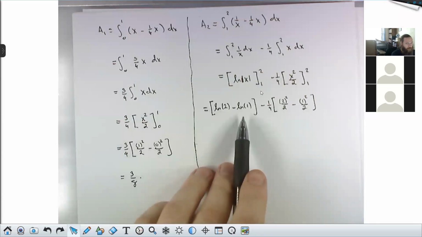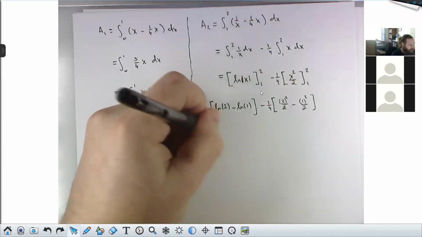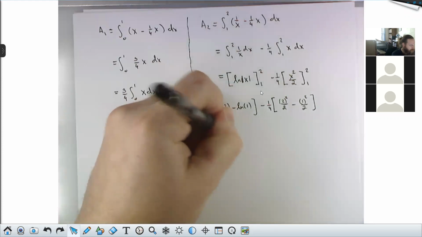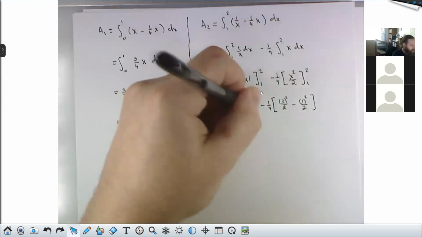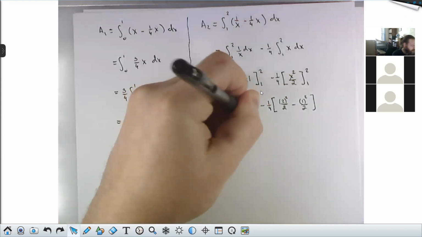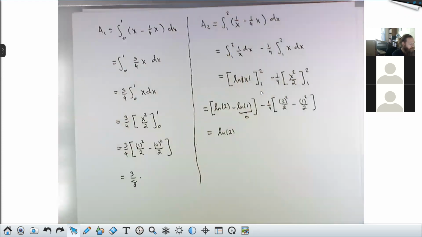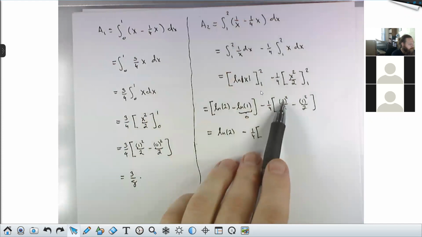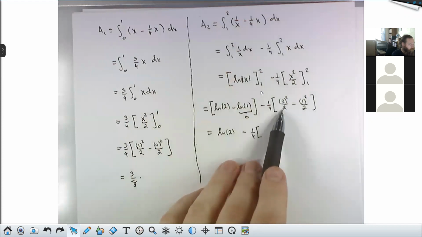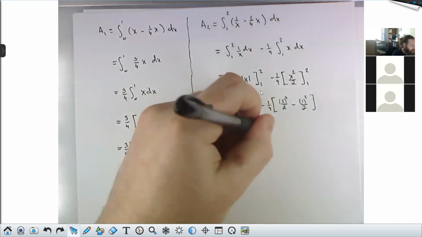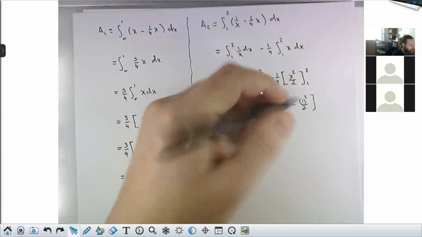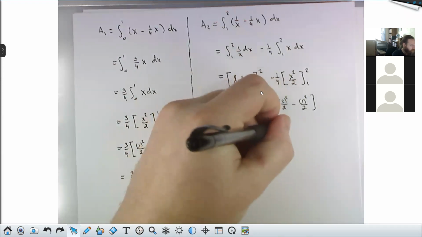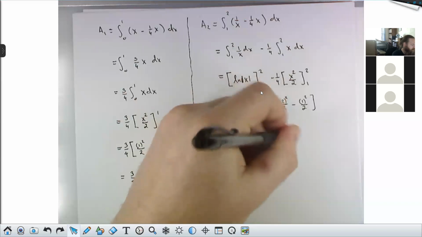The natural log of 1 is 0. So this first piece is just ln2. Because this piece here is 0. So we have ln2 minus 1/4 bracket 2 squared over 2 is 4 over 2. 4 over 2 is just 2. Minus 1 squared over 2 is 1 over 2. So this is minus 1/2.